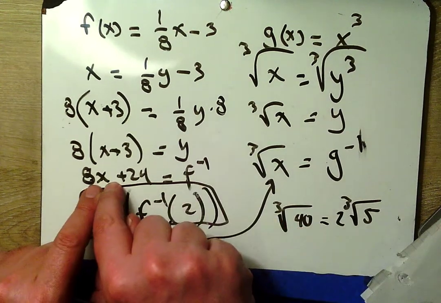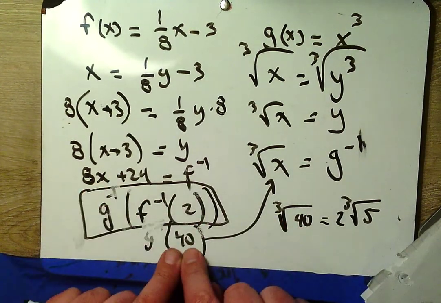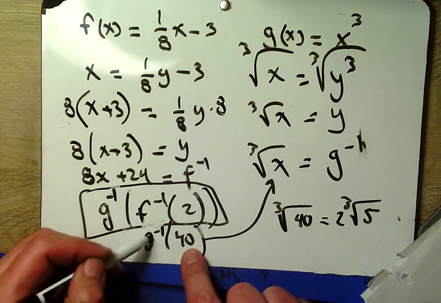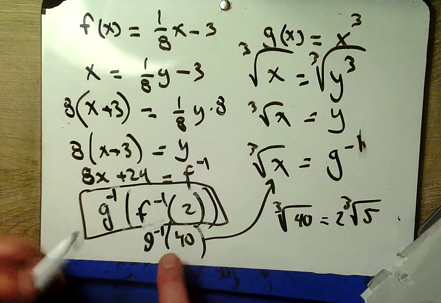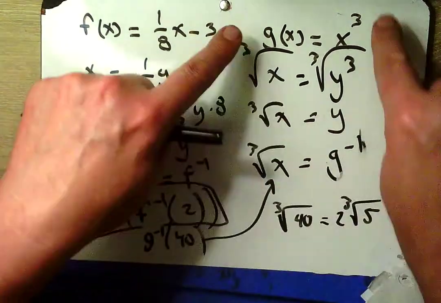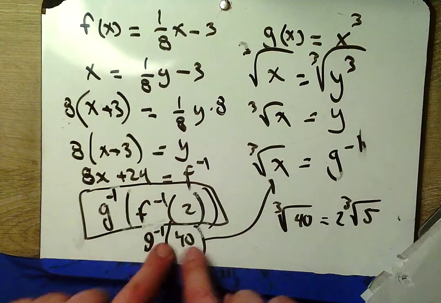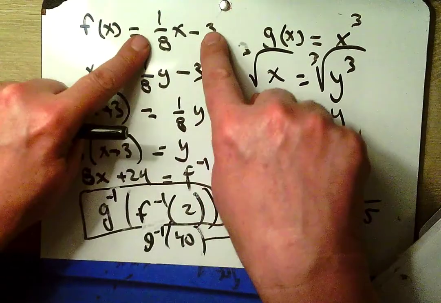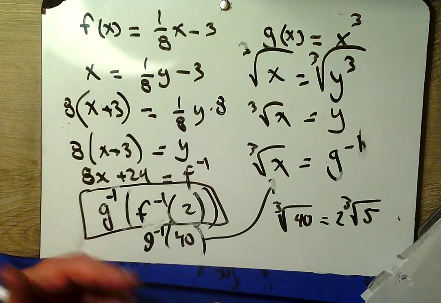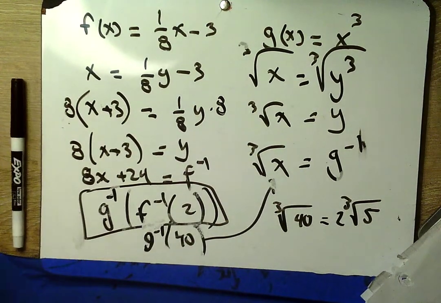I plugged in the 2, and I got 40. And then I still had g inverse on the outside. And g inverse of 40 means plug a 40 into g inverse. So I had to find g inverse so I could plug the 40 in, just like I had to find f inverse to plug the 2 in. Really, these are just composition problems, and you shouldn't be terribly scared of them.